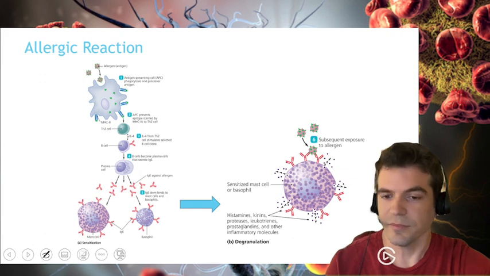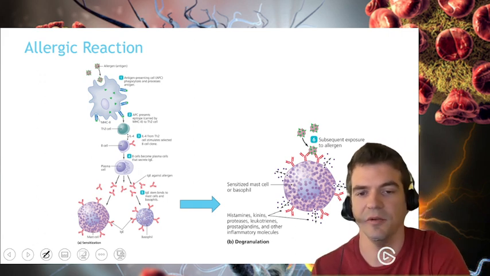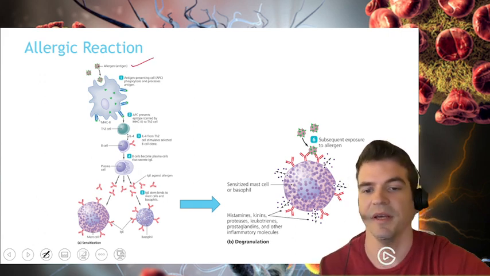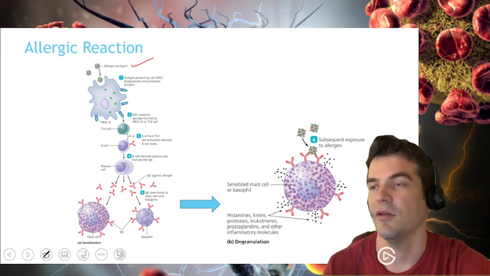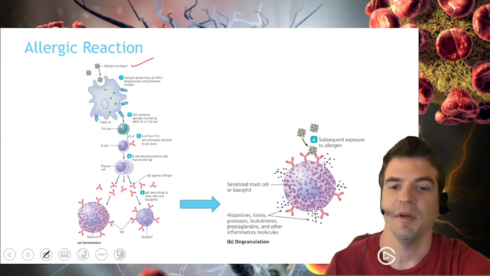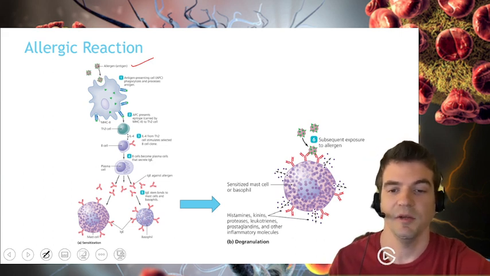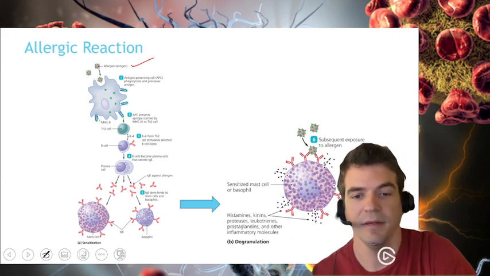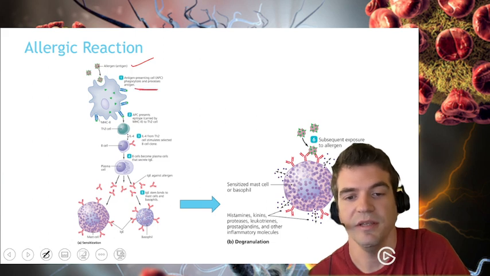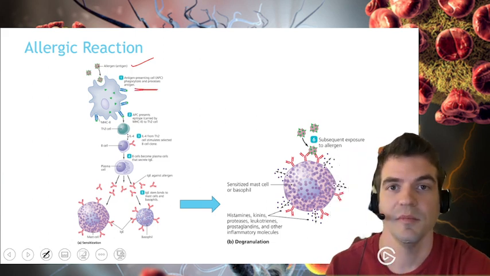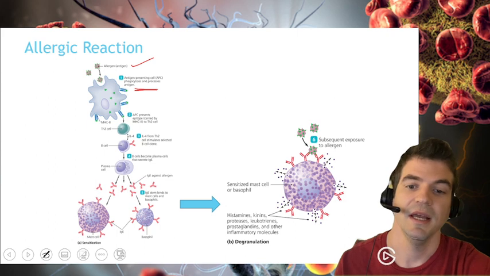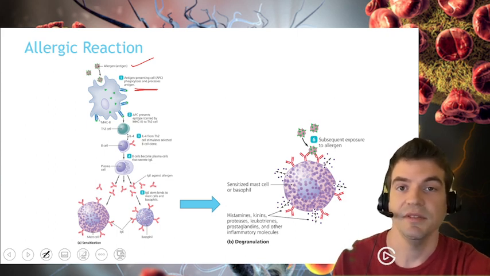Here we can see the actual reaction where allergens mimic being an antigen. They are not going to cause disease, but they're being picked up and presented on our antigen presenting cells, a dendritic cell, a B cell.